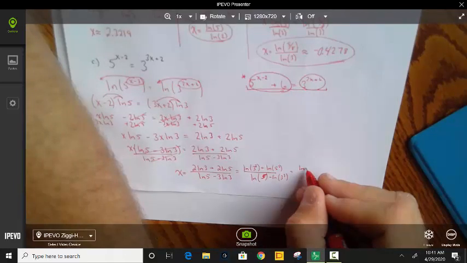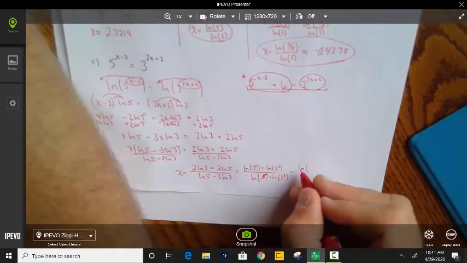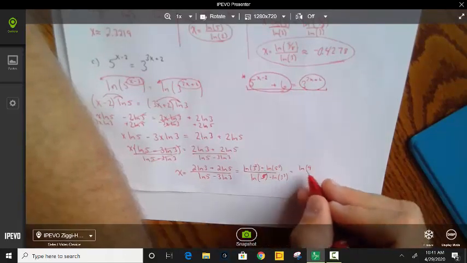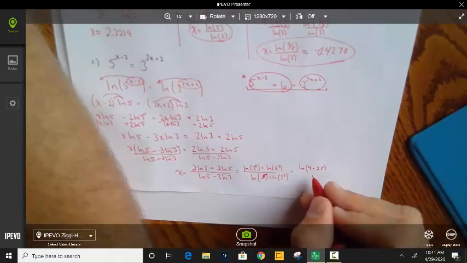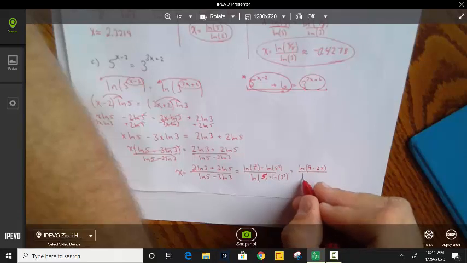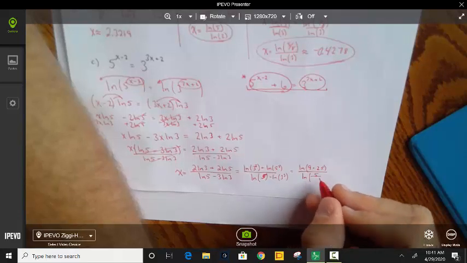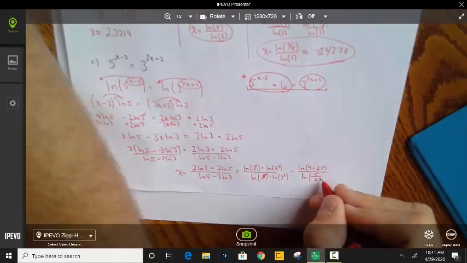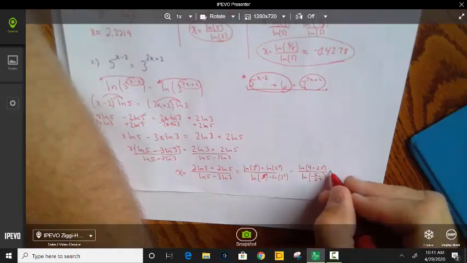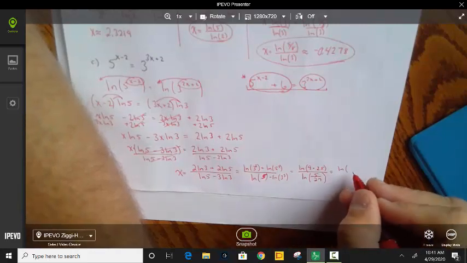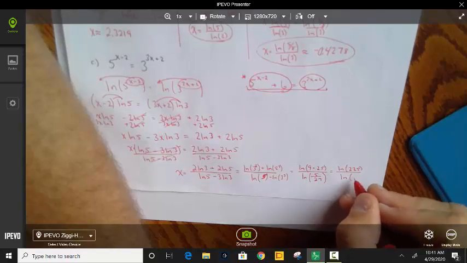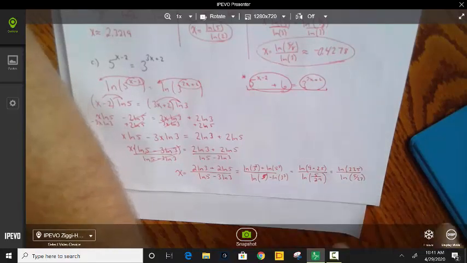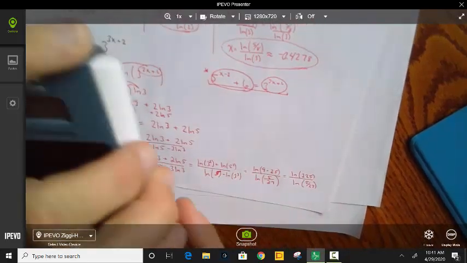And then on top this would be the natural log of 3 squared is 9. The plus turns back into multiplication. 5 squared is 25. And on the bottom would be the natural log of 5 divided by 27. And then this cleans up to the natural log of 225 divided by the natural log of 5 over 27.